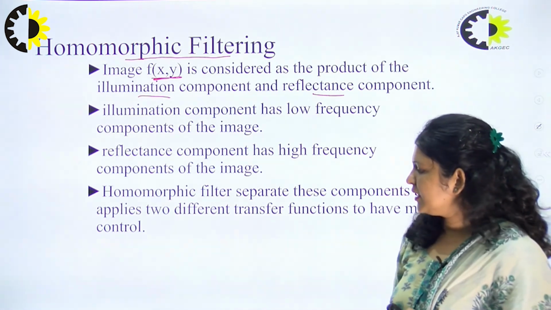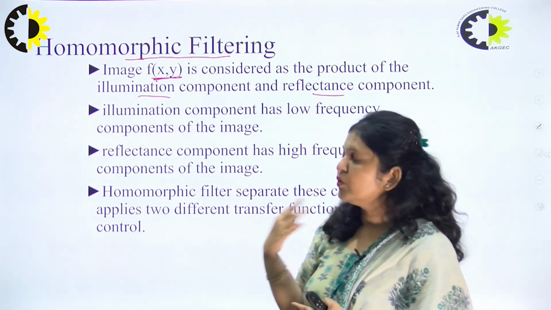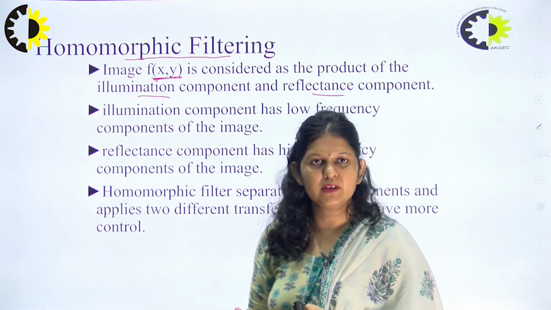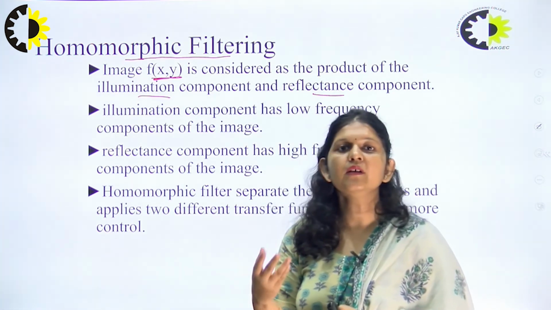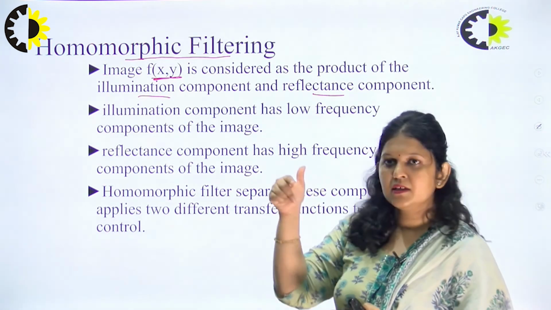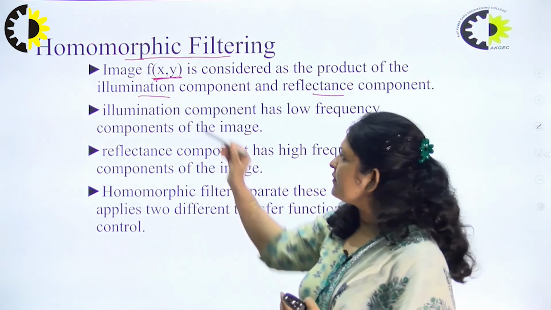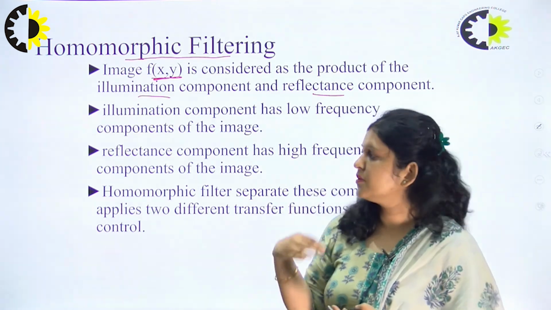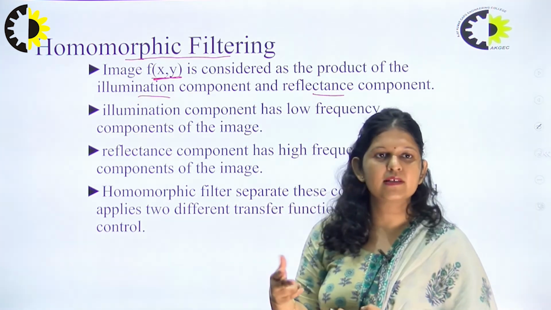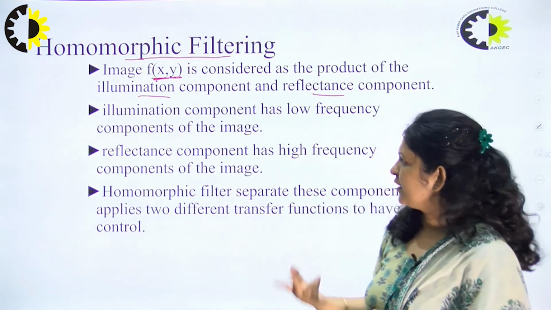Some areas may have more illumination than other areas. Reflectance is how much light is reflected from that particular point. So the intensity f of x comma y is a product of the illumination and the reflectance.